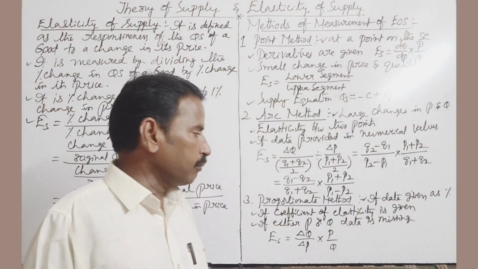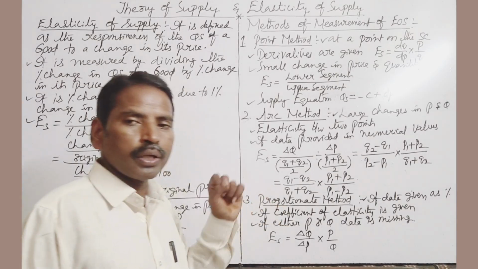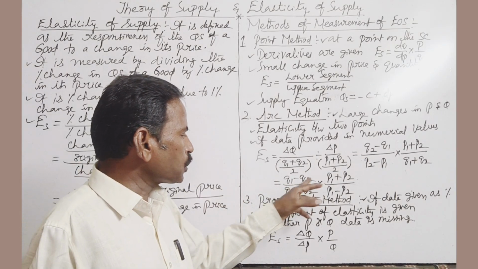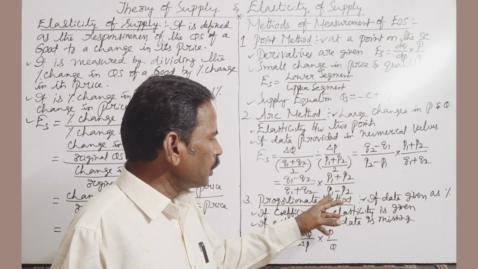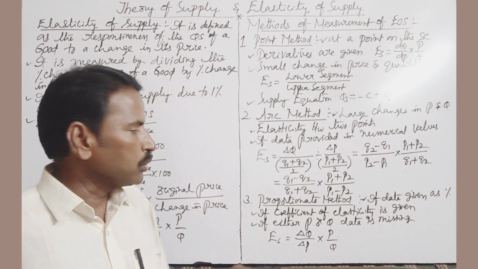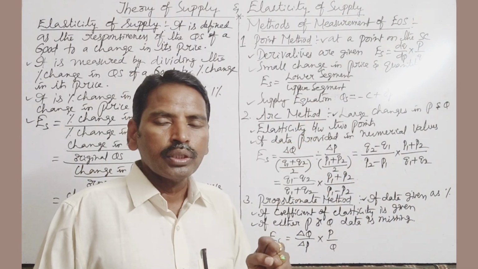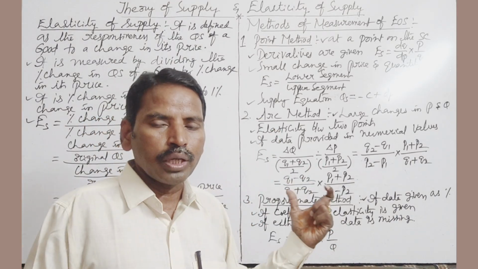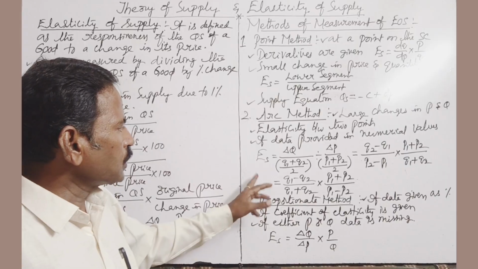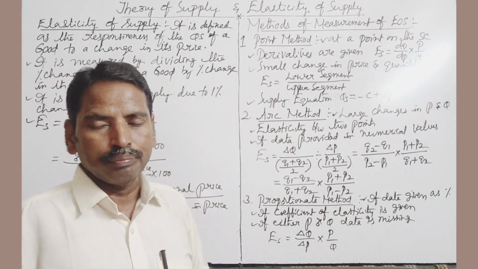The second formula. Elasticity of supply is equal to Q1 plus Q2 by Q1 plus Q2 into P1 plus P2 by P1 minus P2. So with the help of these formulas to calculate price elasticity of supply, this formula is applied. This is the second method, arc method.